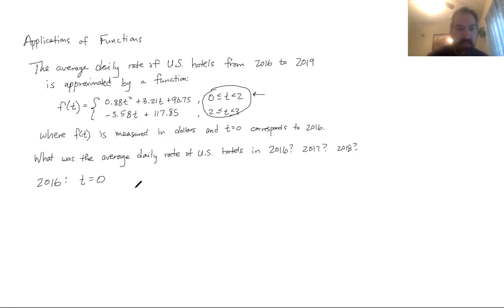So this is 0.88 times 0 squared plus 3.21 times 0 plus 96.75. And of course, 0.88 times 0 squared is 0. 3.21 times 0 is 0. So we're left with 96.75, which is the average daily rate of US hotels in 2016.